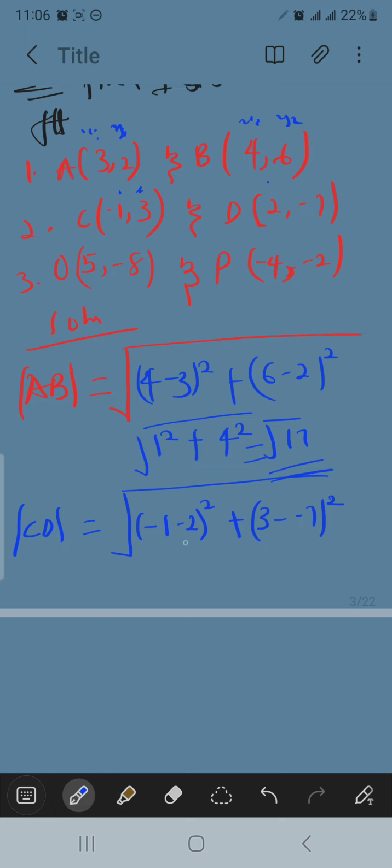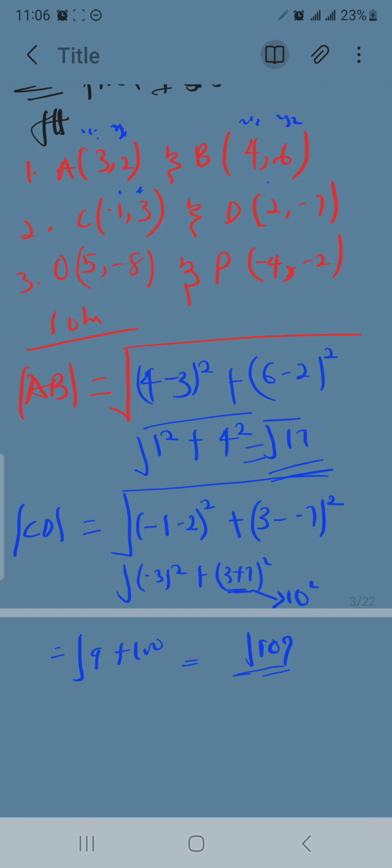So this one is going to be minus 3 squared plus, this one is going to be 3 plus 7, square root. So this will be the square root of 9 plus 10 squared, which is 100. 3 squared is 9. So this will be the square root of 109. That's the answer.